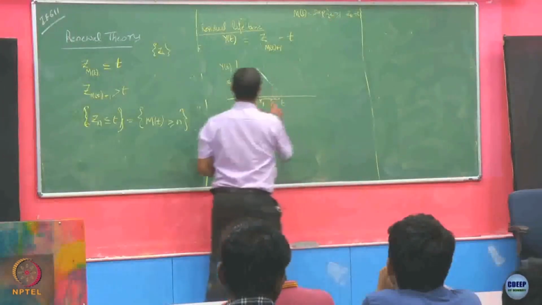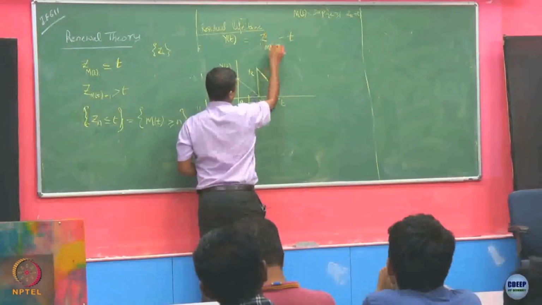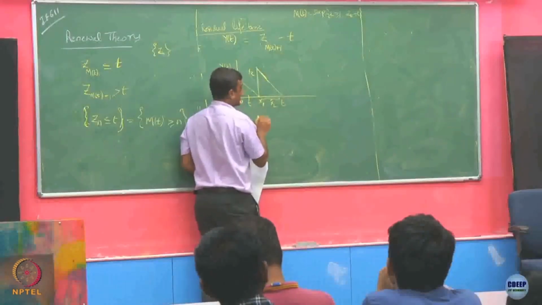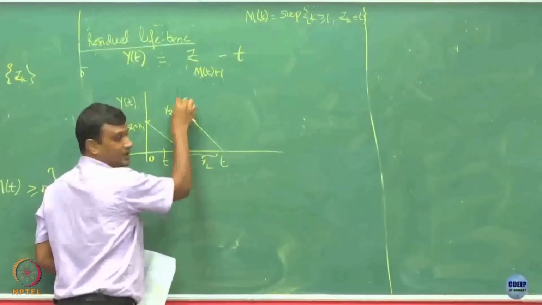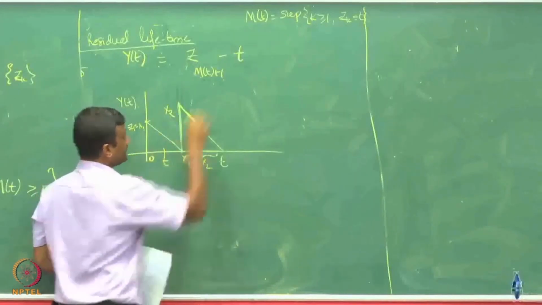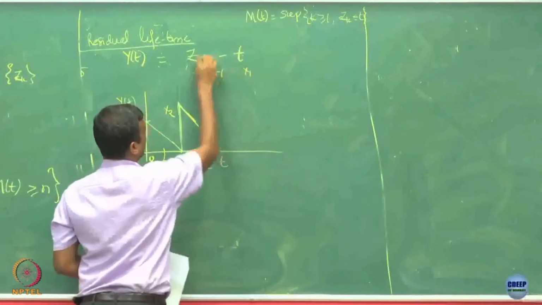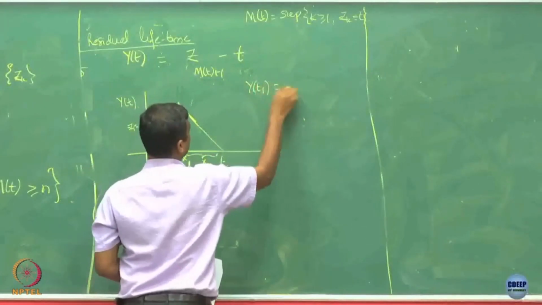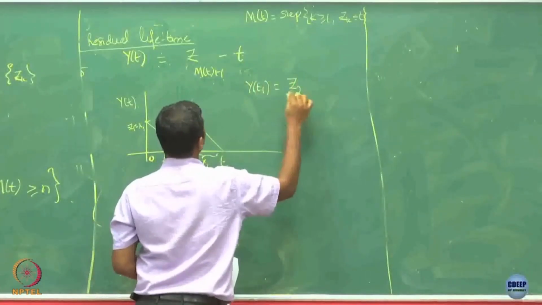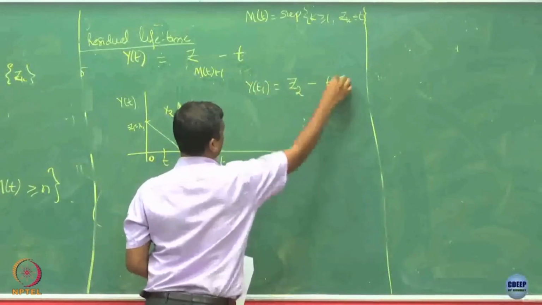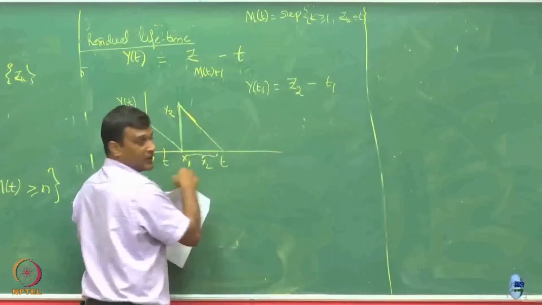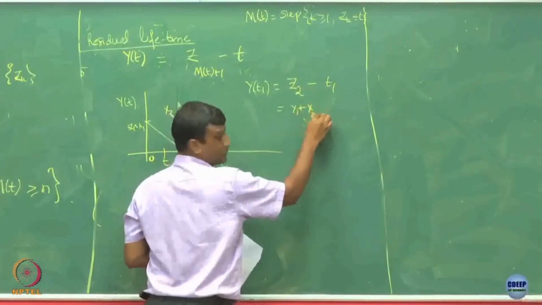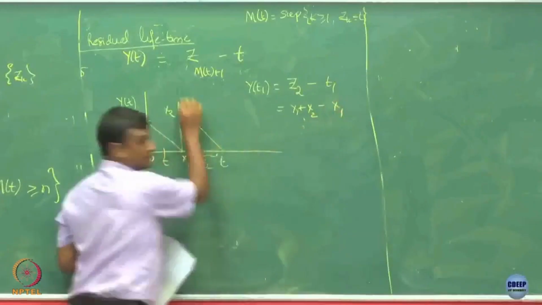So at this point, what is this? Z of 1 plus 1, so this is exactly Z2. Suddenly at this point it has become X2. Why? Because Y at t1 is equal to Z2 minus t1, but t1 we have taken to be X1. So this is going to be Z2, which is X1 plus X2, minus X1, this is X2.